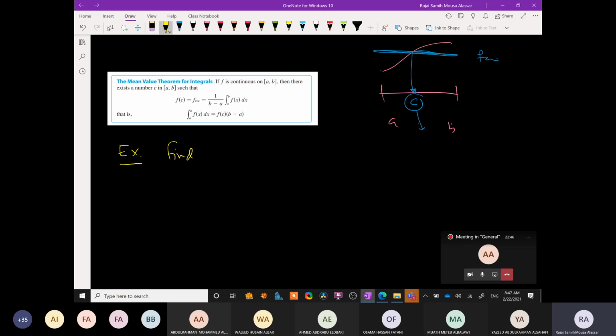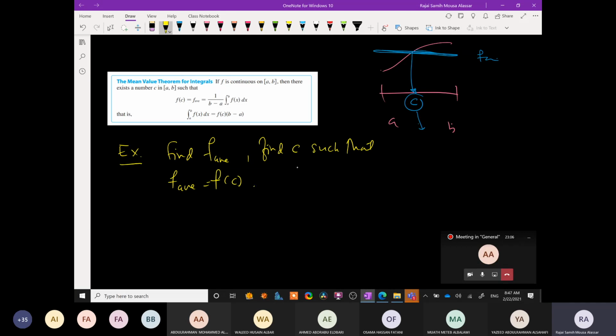Find the average value of the function and then find a value c such that f average is equal to f at c.